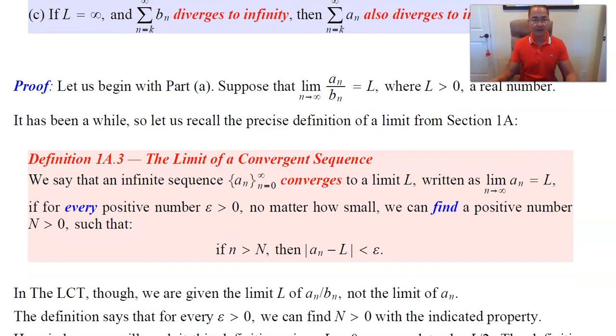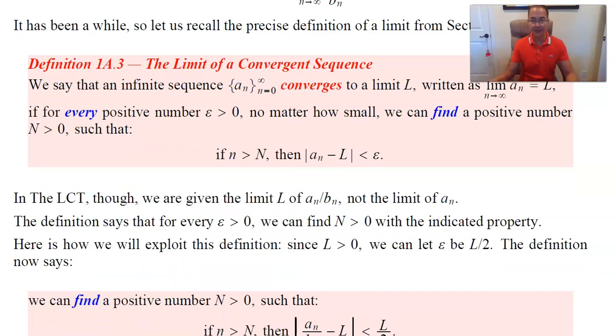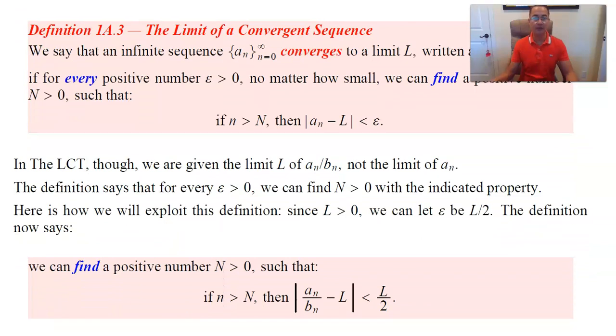So let us rewrite that limit definition. And since it's supposed to work for any epsilon, we're going to pick a very convenient value for epsilon that will help us complete the proof. L is positive, so let's make epsilon L over 2, half of L.